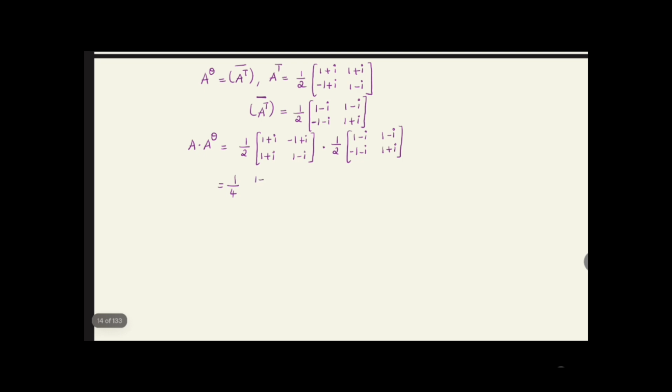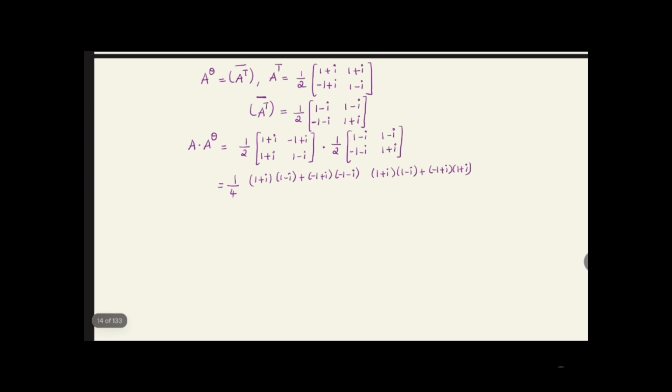Okay, so 1 plus i, first row, first column: 1 plus i into 1 minus i plus minus 1 plus i into minus 1 minus i. Now coming to the second element, first row, second column: 1 plus i into 1 minus i plus minus 1 plus i into 1 plus i.